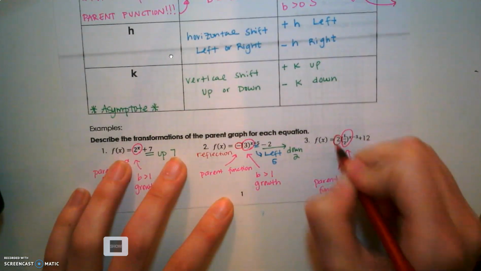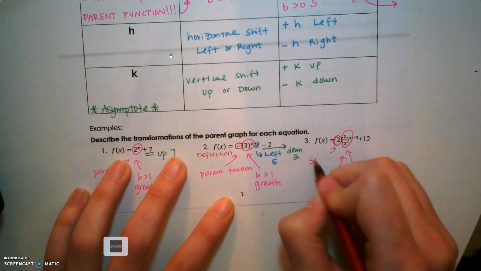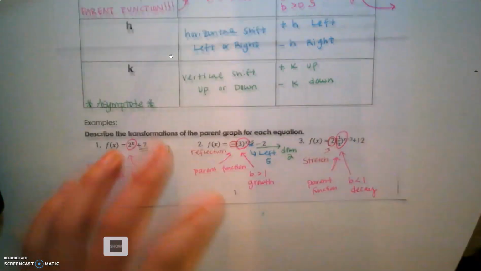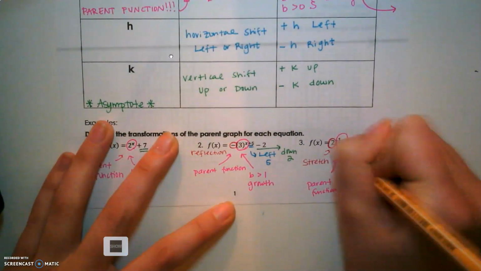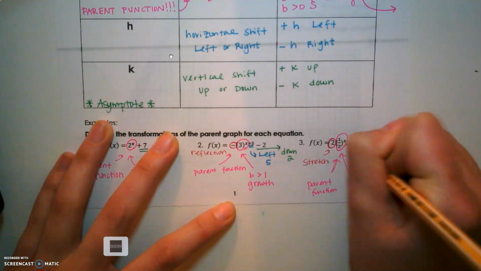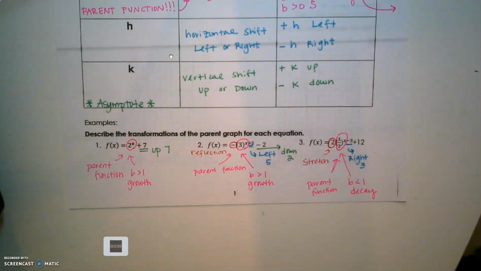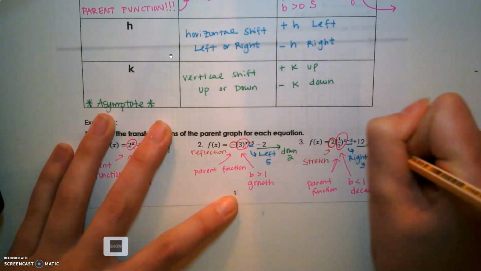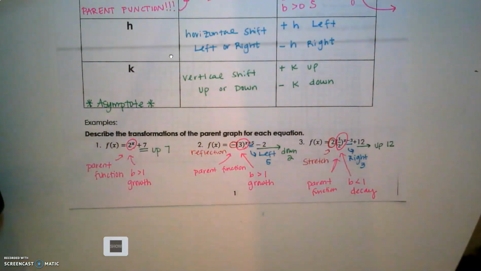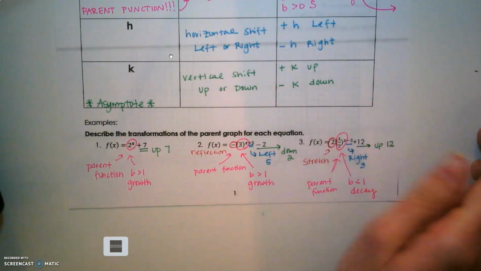This 2 is bigger than 1, so we have a stretch. This is a minus 3, so we're going to the right. And the plus 12 tells us we're going up 12. Let's flip over and look at some more examples.